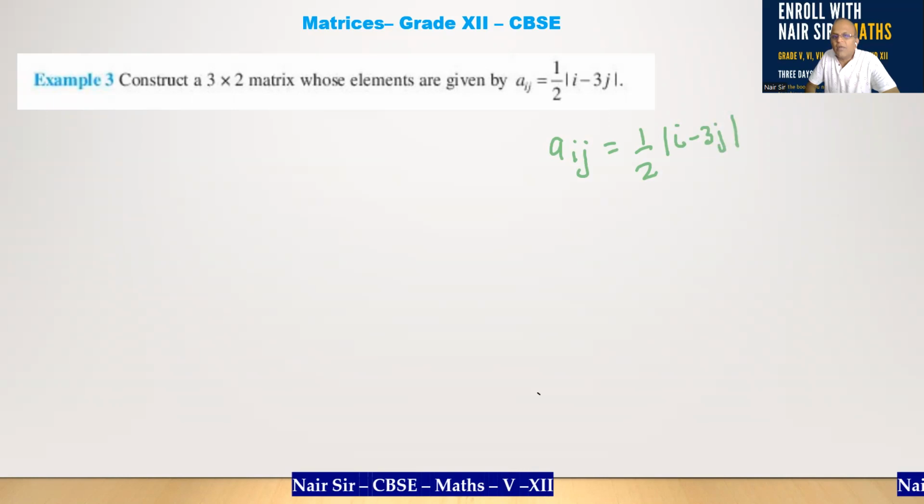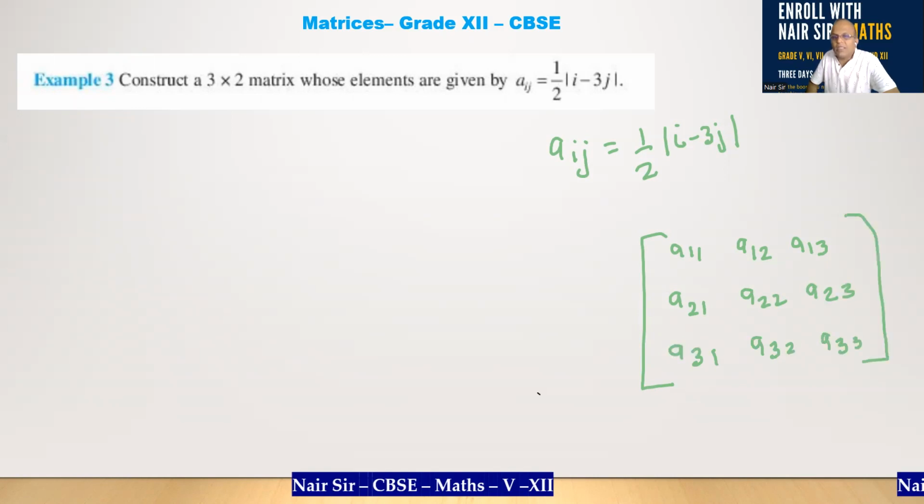Whenever I'm talking of a matrix, what do I say? a11, a12, a13. And this is a 3 by 2 matrix, so that means there are 3 rows and 2 columns. a21, a22, a23, a31, a32, a33. What is this? This is the form of a 3 by 2 matrix.